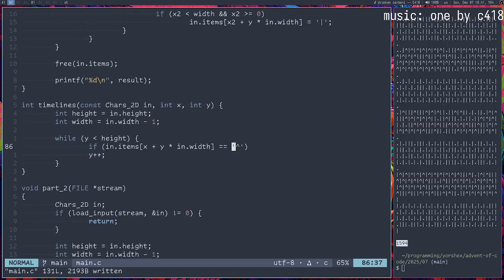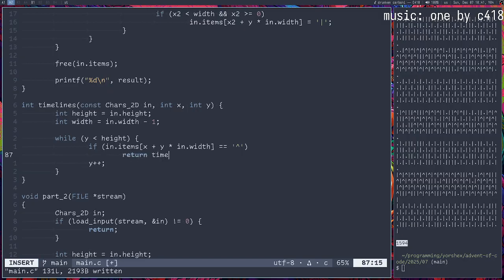So if we encounter a splitter, we should return timelines plus timelines that a particle splits into, starting from x plus 1 or x minus 1.